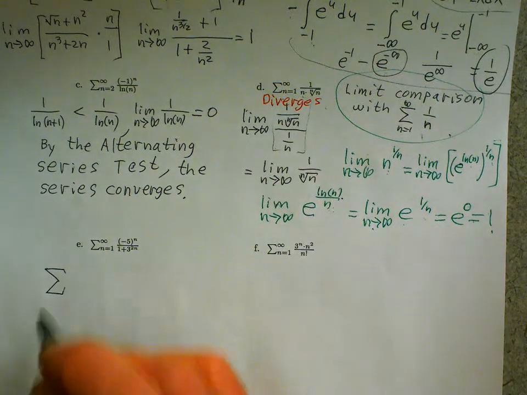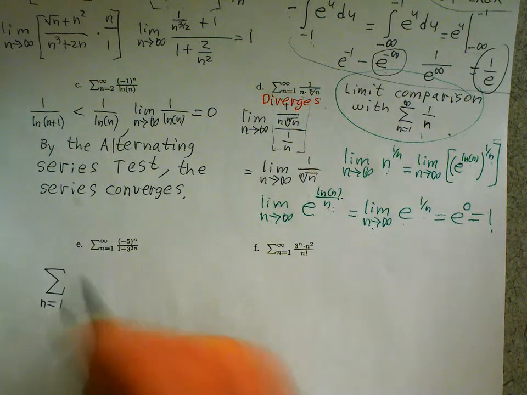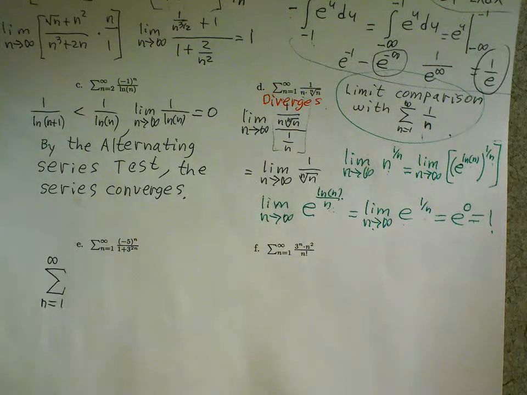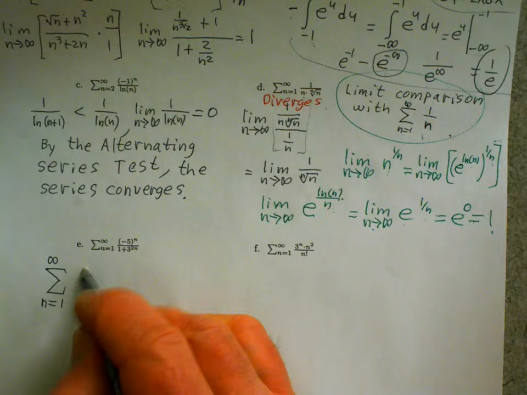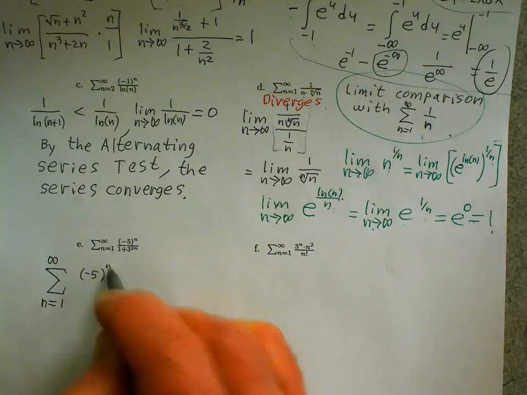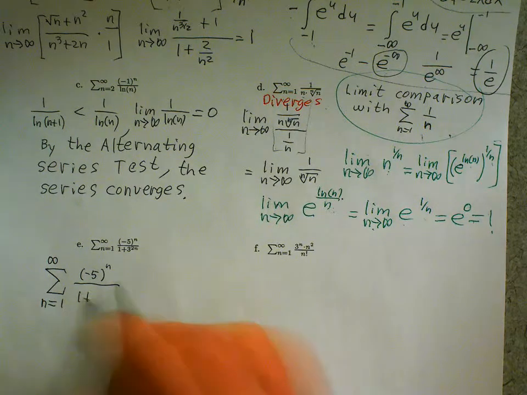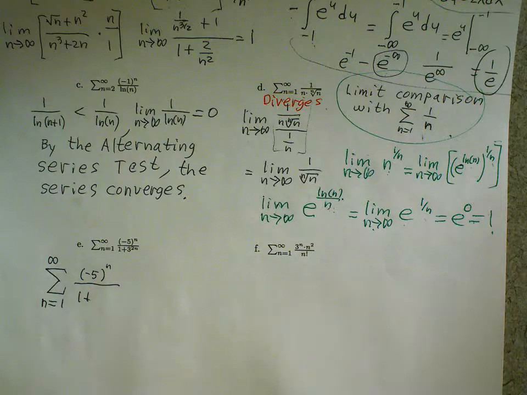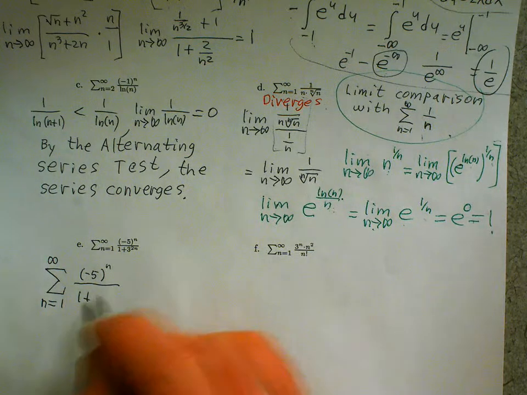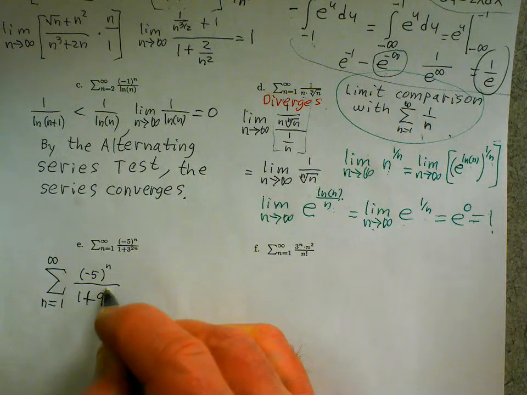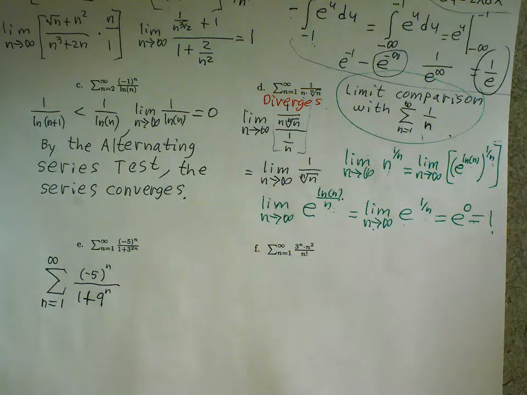We can do something in the denominator that might make it look a little better. Three to the 2n, that's the same as 3 to the second to the n, or 9 to the n. It's not required, but it might be easier to think about when you write it this way.